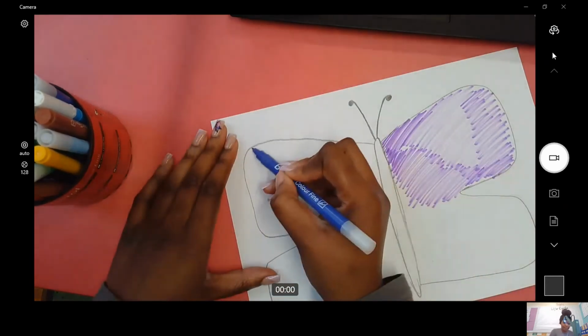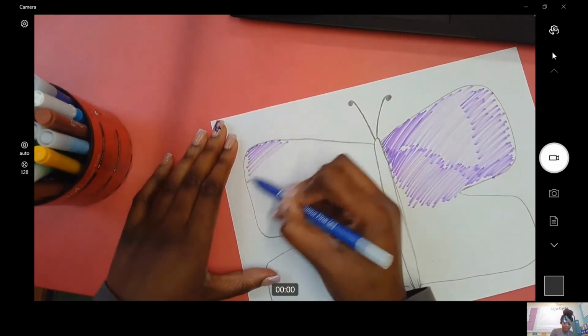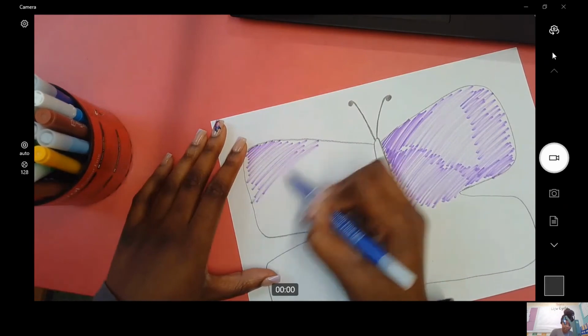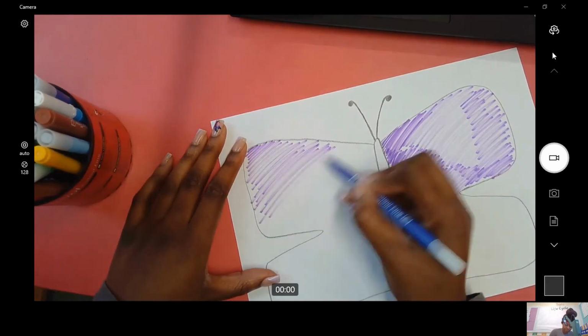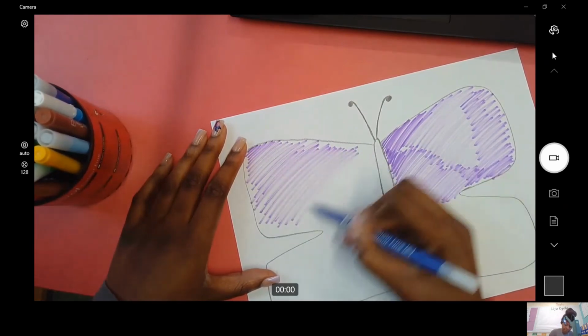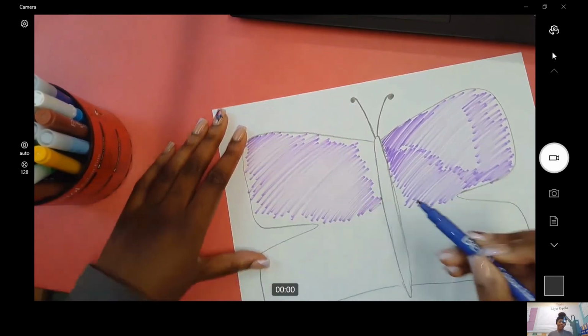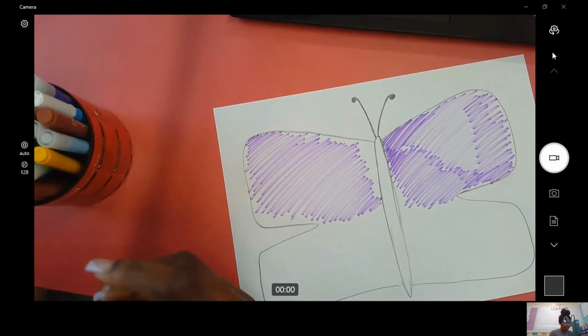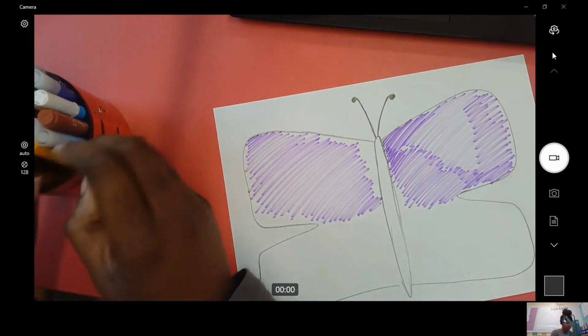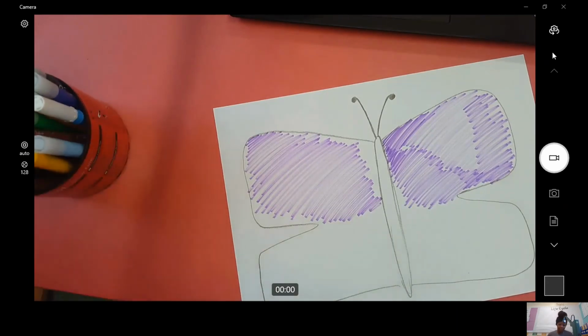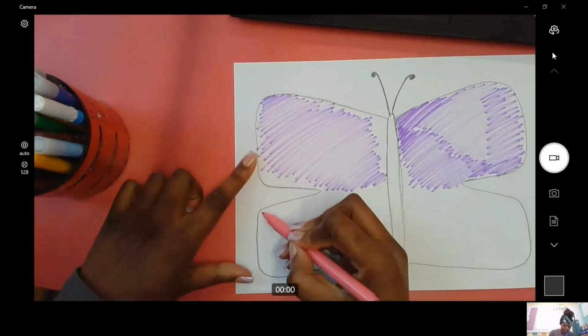Okay, then I'm going to colour the other side as well. Okay, and then I'm going to use pink for the bottom bit of the wings.